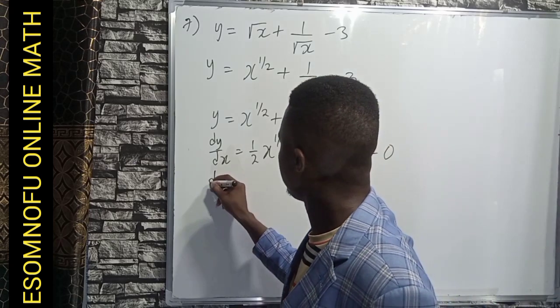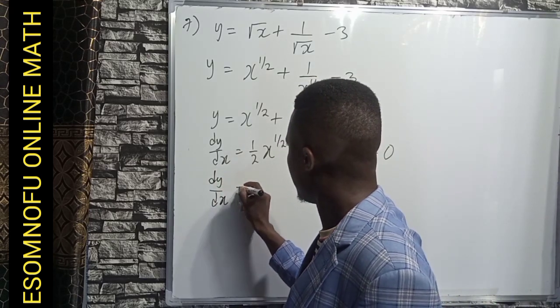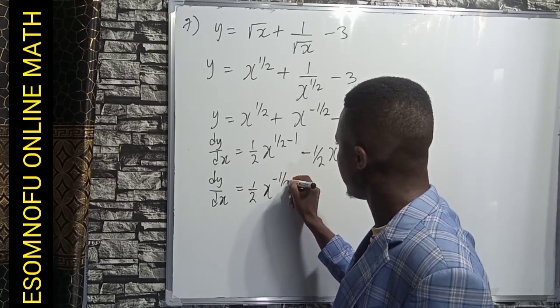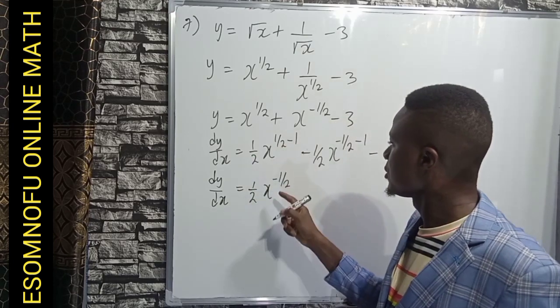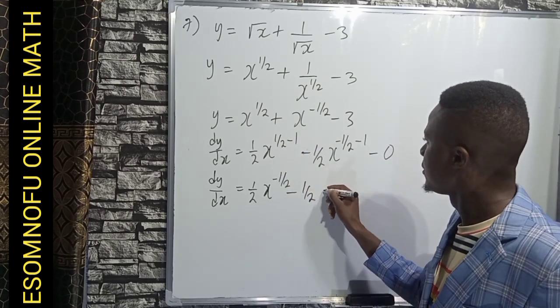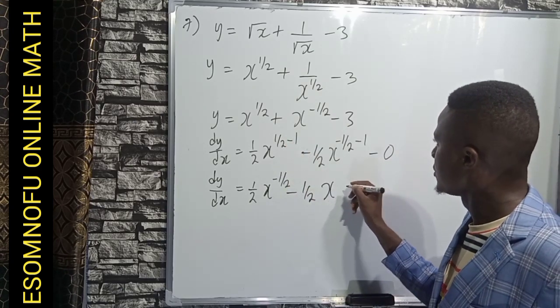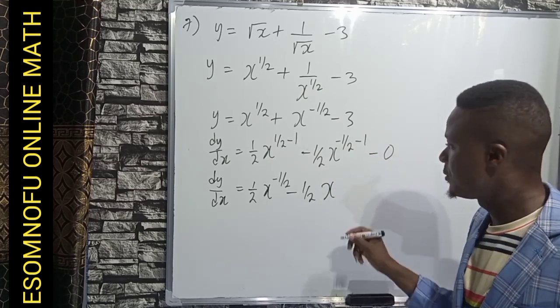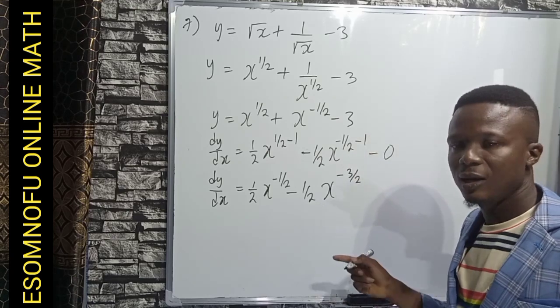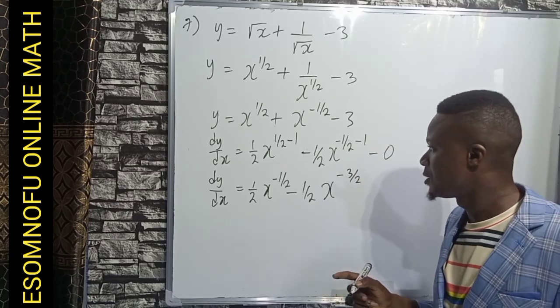So here dy over dx will give us half x to the power of negative half, because minus half minus 1 is minus 3 over 2. Minus half x to the minus 3 over 2. If you simplify this, finding the LCM, you must get minus 3 over 2.